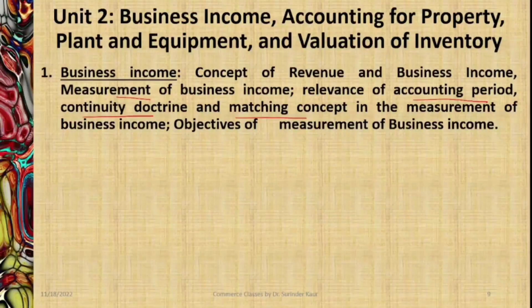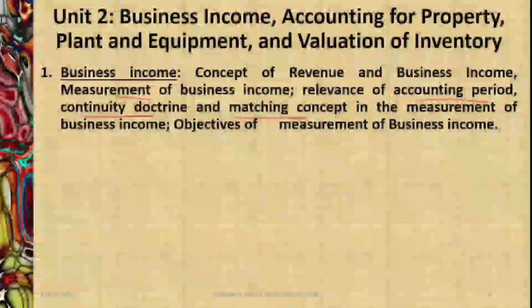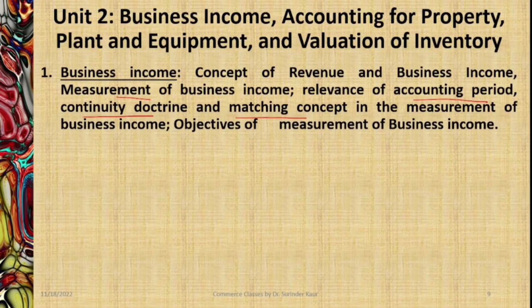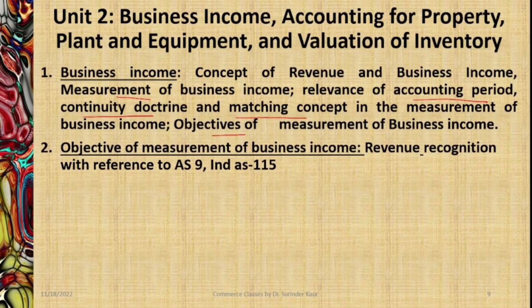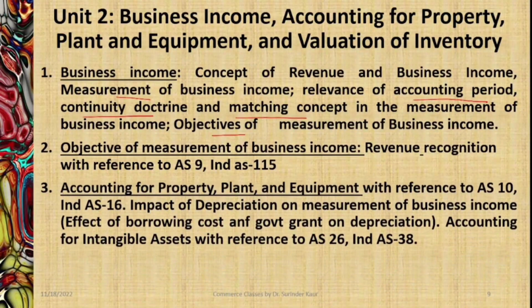In case you have done this business income concept in your 11th and 12th standard, you know that this concept is based on 3 main principles: accounting period, continuity and matching concept. So what is the relevance of these 3 that we will be studying, and then the objectives of measurement of business income. Now within the objectives of measurement of business income, we will be studying revenue recognition with reference to AS 9 and Ind AS 115.